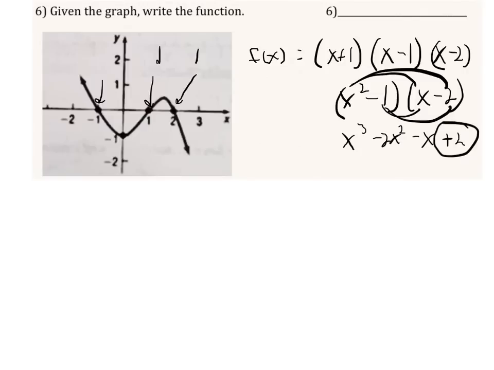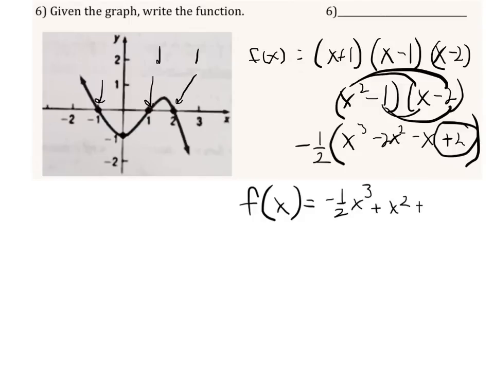So then I need to multiply this entire thing by something that would turn 2 into negative 1. So negative a half. And then we distribute that through. And we get f of x is equal to negative 1/2 x cubed plus x squared plus 1/2 x minus 1.